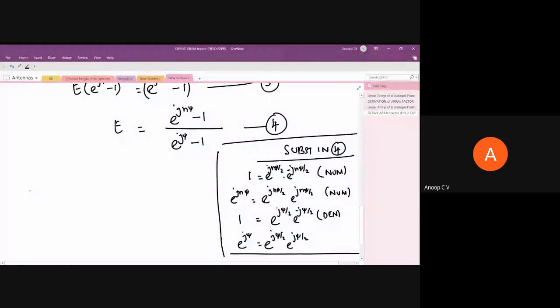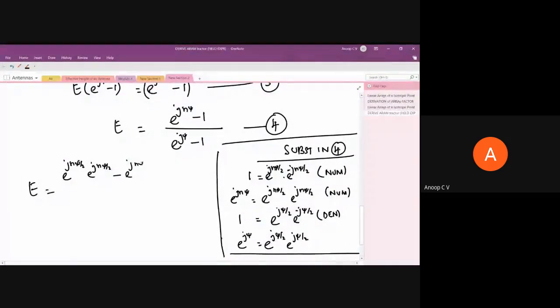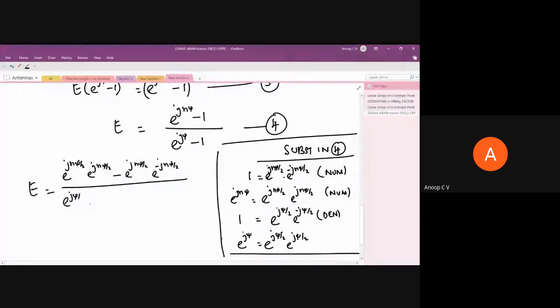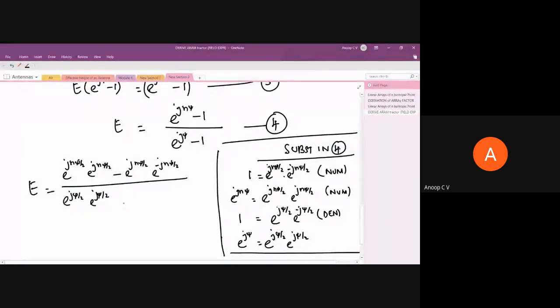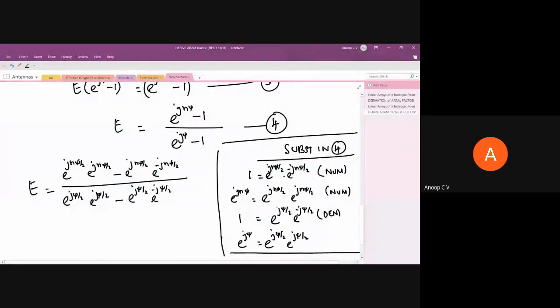So I can write E is equal to e power j n psi by 2 times e power j n psi by 2 minus e power j n psi by 2 times e power minus j n psi by 2, that is 1, all divided by e power j psi by 2 times e power j psi by 2 minus e power j psi by 2 into e power minus j psi by 2. We have done a similar thing when we solved case 1 in a different way, so you know this.